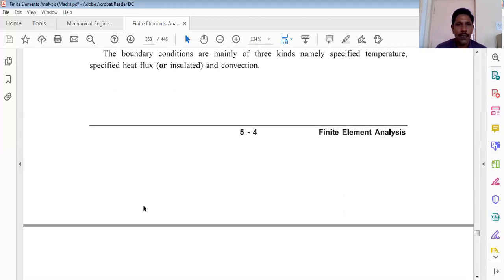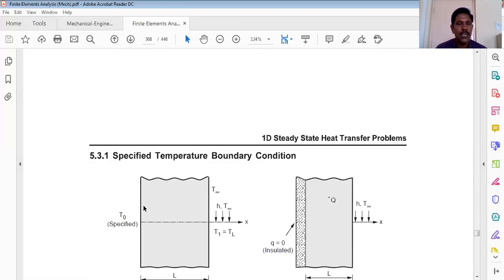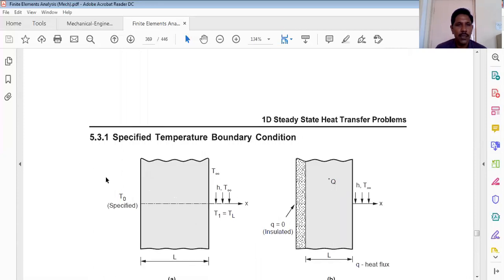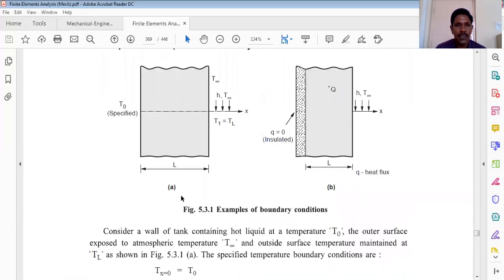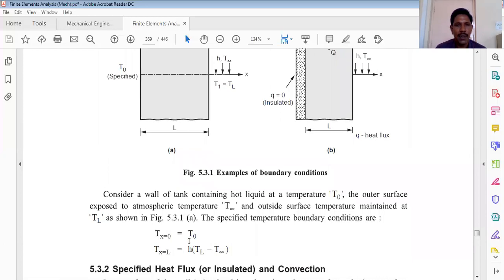That is, the boundary conditions are specified temperature boundary condition. So looking at this location, T naught is specified and T infinity is specified. So at a distance of x equal to 0, it can be expressed as T naught.